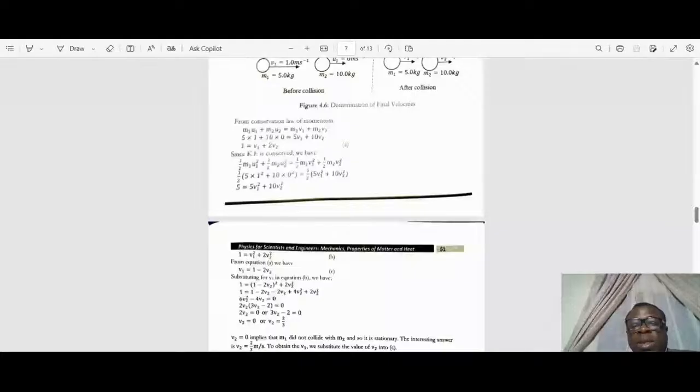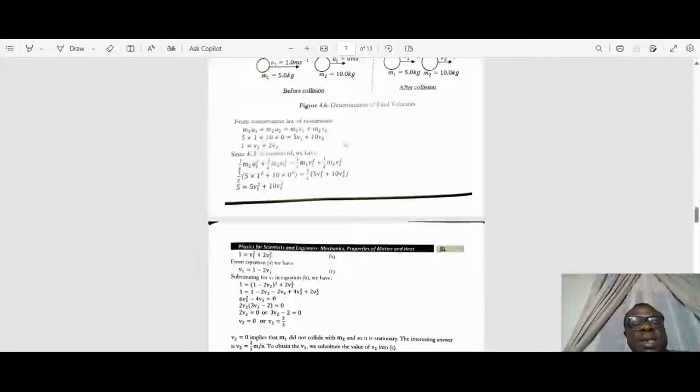I hope you are seeing. You may decide to leave it as 5 is equal to 5v1 plus 10v2, but to simplify further, you divide.